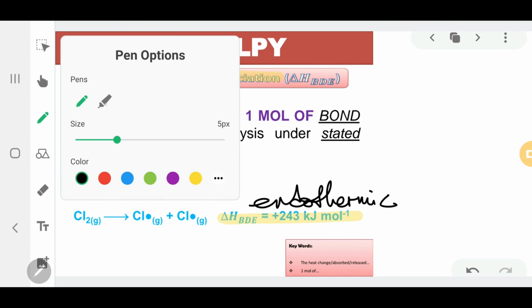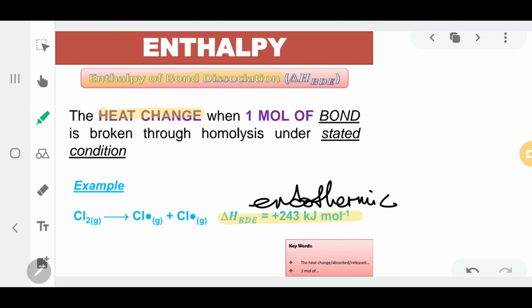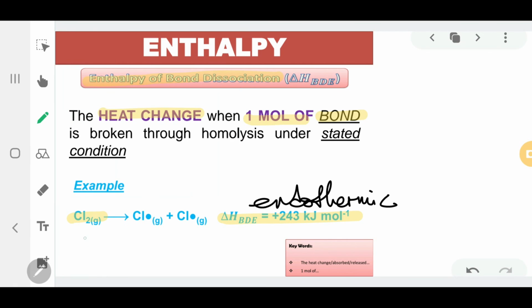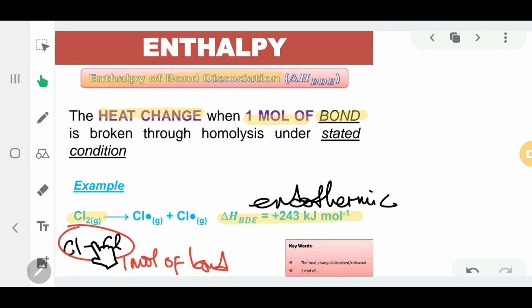And you need to keep what at 1 mole? You have 1 mole of bond to be broken. So inside your Cl2, if you expand this, you have Cl and you have 1 bond connecting both of the Cl. So over here you have 1 mole of bond. And you're going to break this bond.